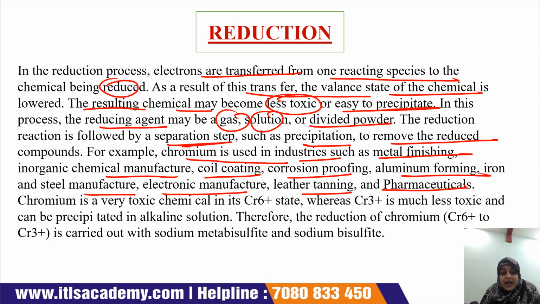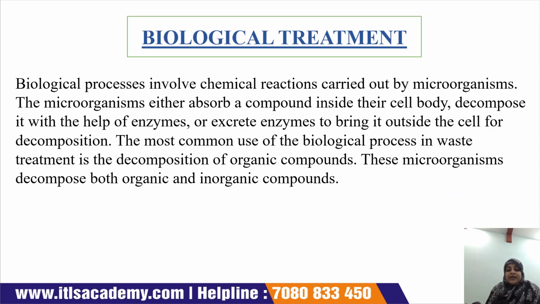Chromium is a very toxic chemical in its Cr6+ state, whereas the Cr3+ state is less toxic as compared to the Cr6+ state. Now the next treatment is biological treatment.